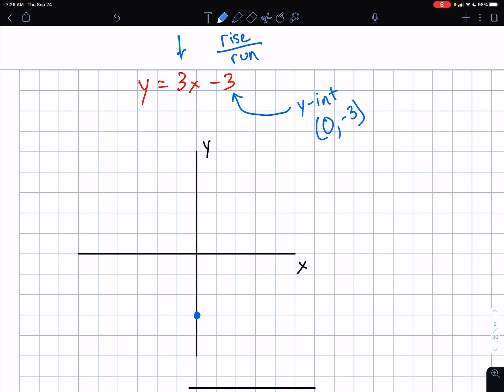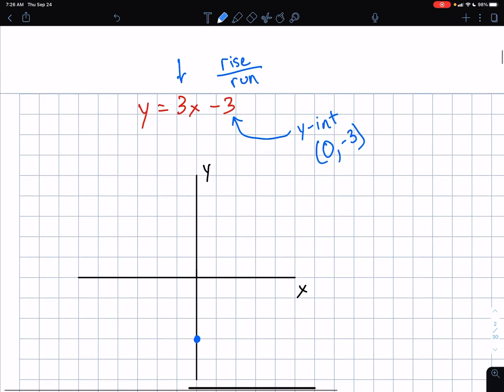And the reason why it helps us is because our rise means we're going to go up or down, and then our run is right or left. And so it's easy for us to count these boxes up or down, right and left, to get our next point by using the slope if it's written in that rise over run form.